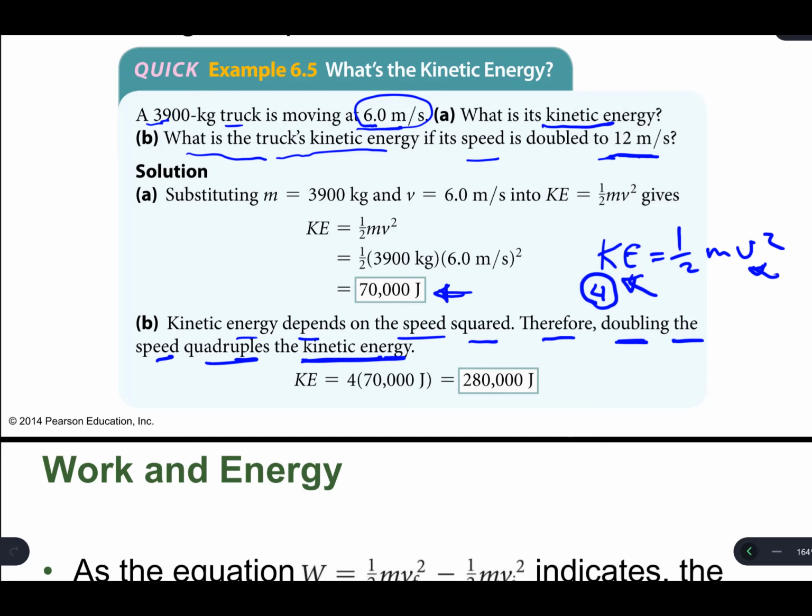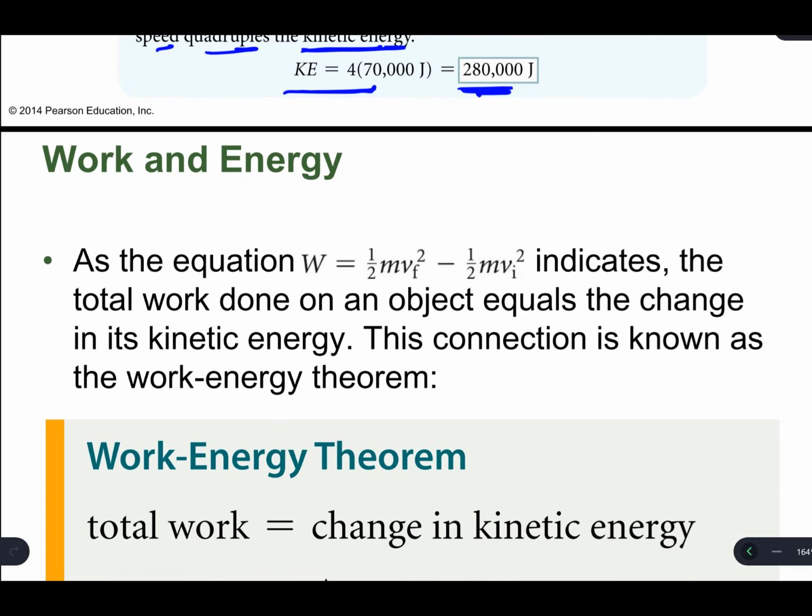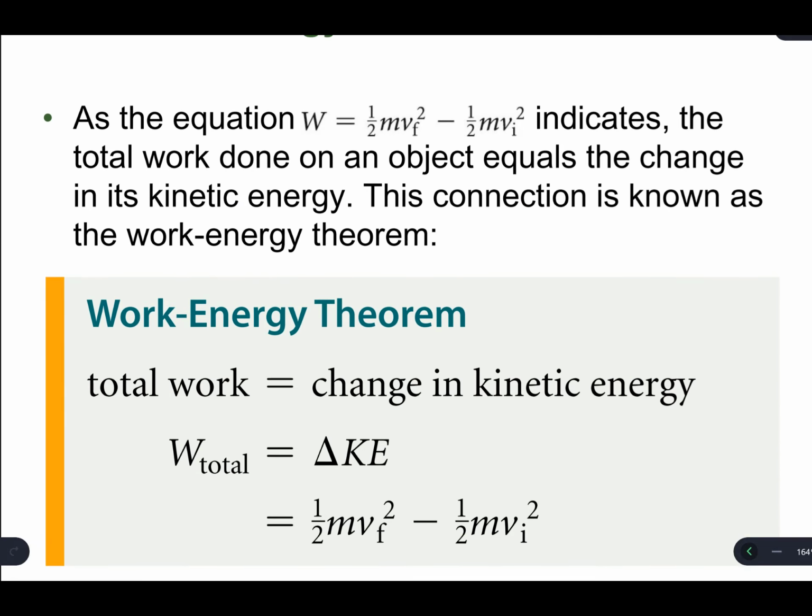Try to do it mathematically. Instead of this way, just use v2, square it, times the mass times half. You will get the same number. So put in your mind, doubling the speed quadruples the kinetic energy. And we have a lot of problems depending on that in the exam.